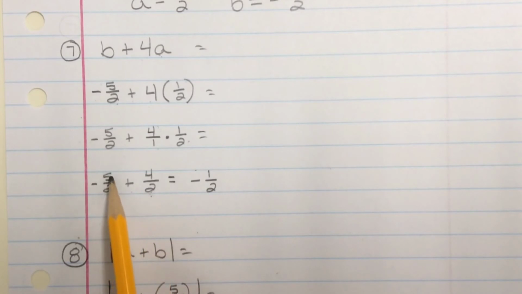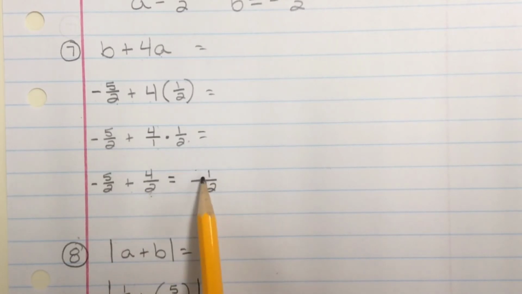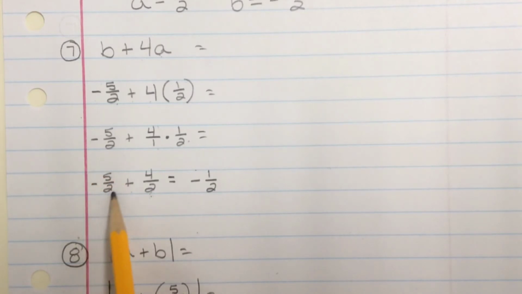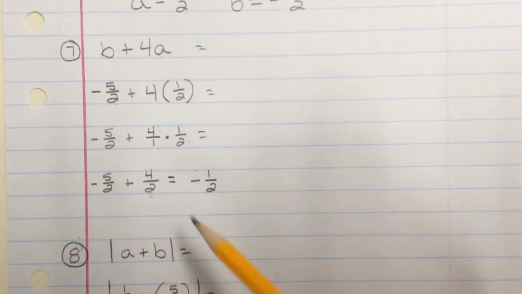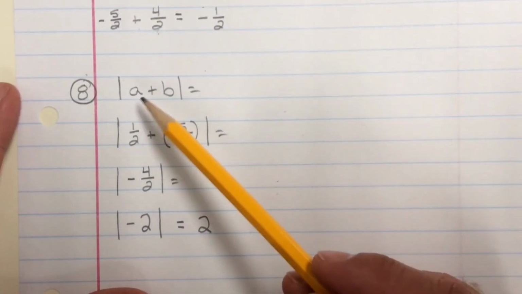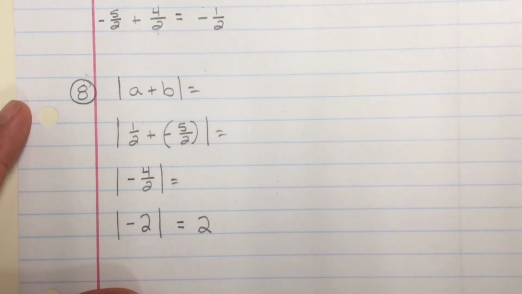When I subtract 5 halves minus 4 halves, I get 1 half. And now I have to give it the negative sign because my negative absolute value was larger. So negative 1 half. For this next problem, a still equals 1 half and b still equals negative 5 halves.